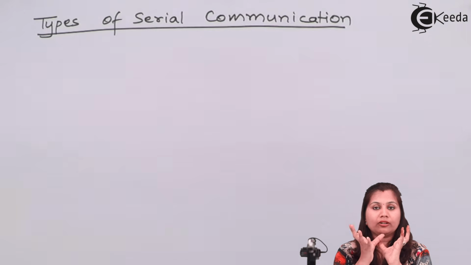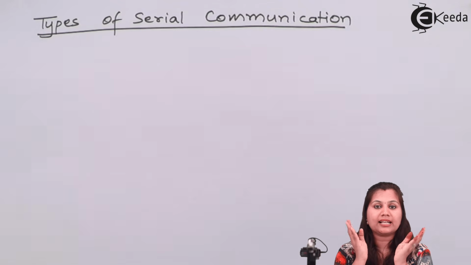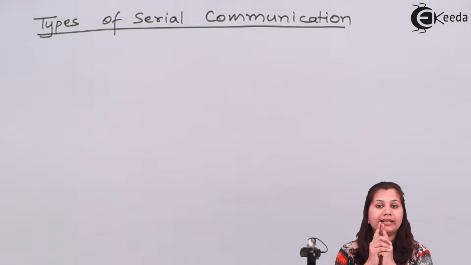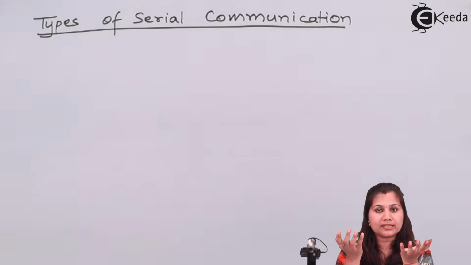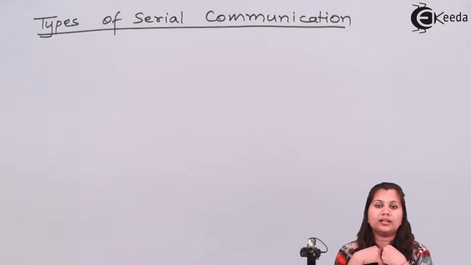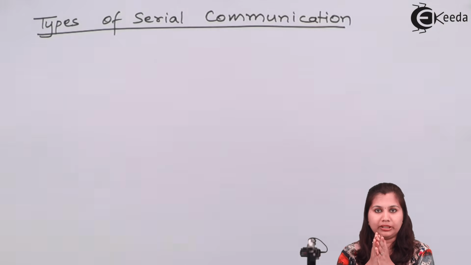So the working of transmitter and receiver are synchronized with each other with the help of the same clock which is shared by them. That type of serial communication is called synchronous serial communication, in which the transmitter and receiver are synchronized. Whereas when both transmitter and receiver are not synchronized, it is called asynchronous serial communication.